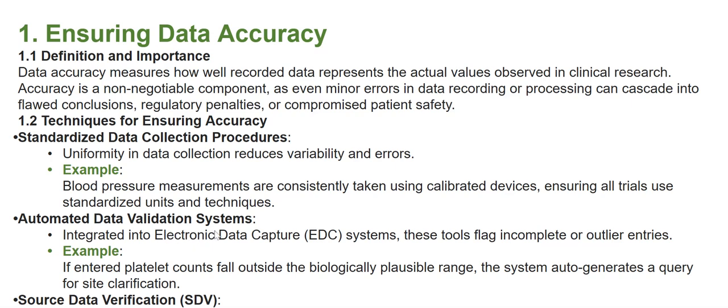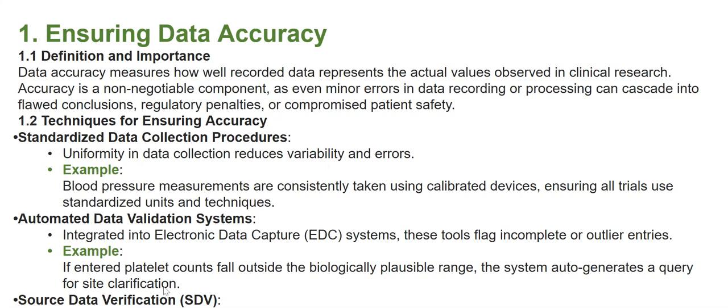Automated data validation systems integrated into EDC, electronic data capture systems. These tools flag incomplete entries or outliers. Example: if entered platelet counts fall outside the biologically plausible range, the system auto-generates a query for site clarification.